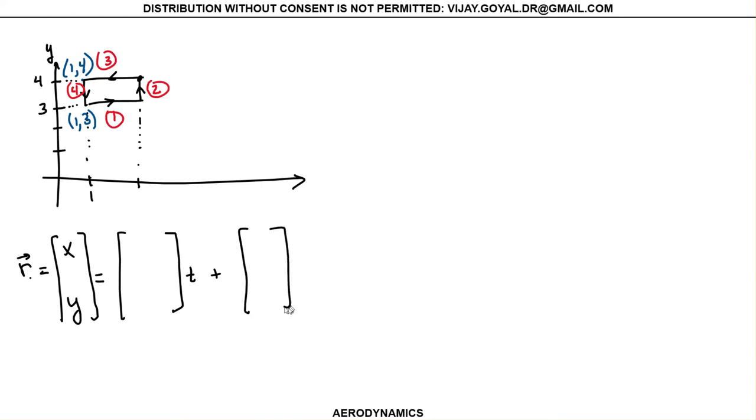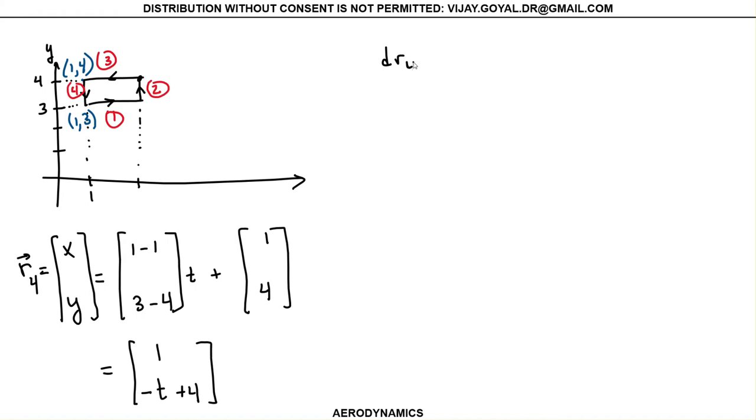And here I will write my initial point. My initial point is this one, 1 and 4. And here I will just put the subtraction: x will be 1 minus 1, and this will be 3 minus 4. So then this will actually equal 1 minus t plus 4. Okay, this is for r4.